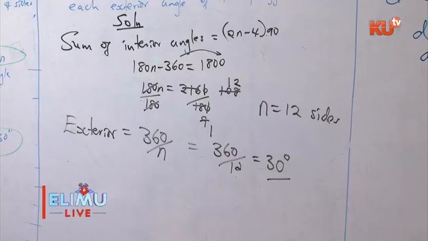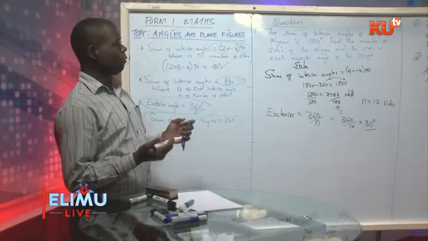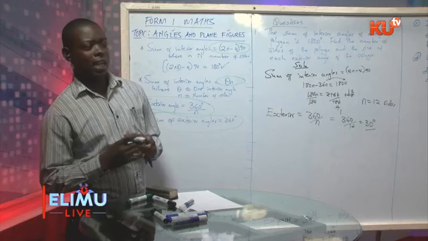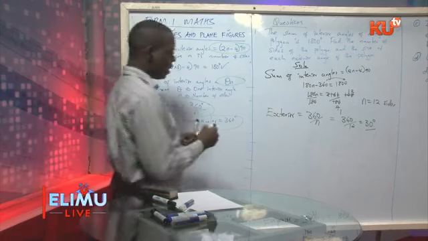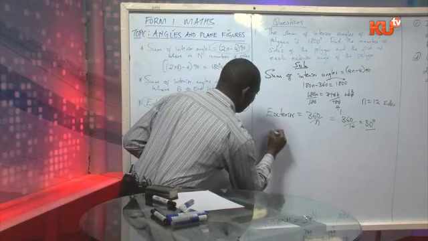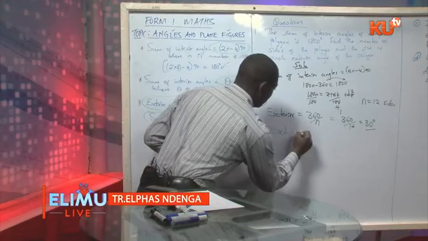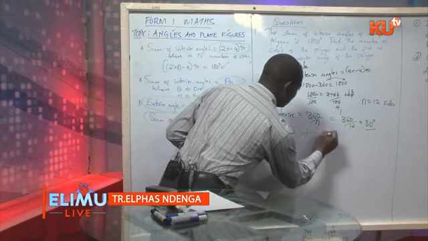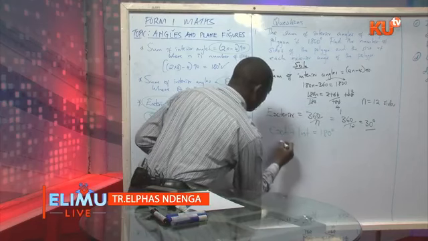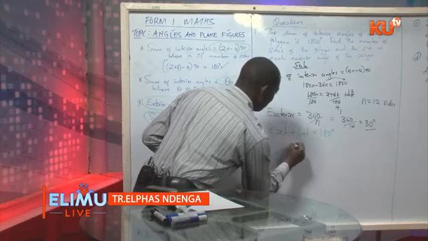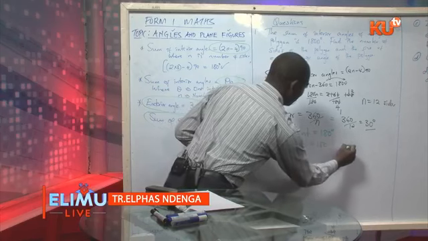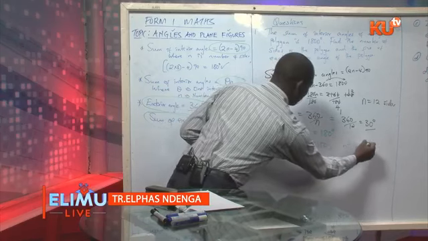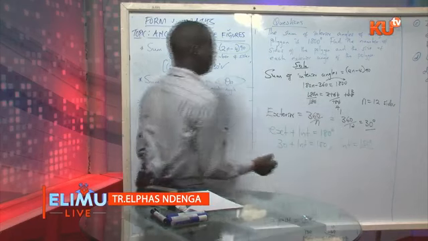Now, assuming we were asked to find the interior angle, then we'll say the exterior plus interior is 180 degrees. So this will be 30 plus the interior is 180, implying that the interior angle is 150 degrees.